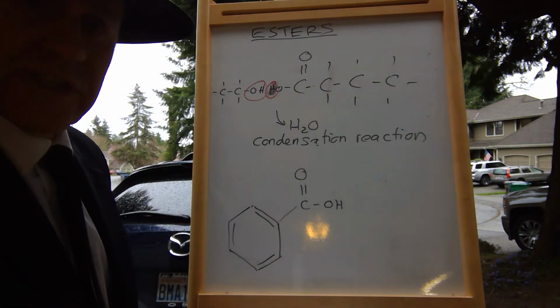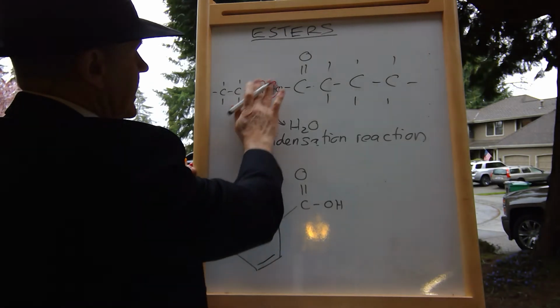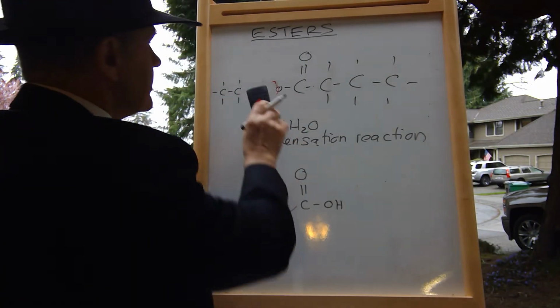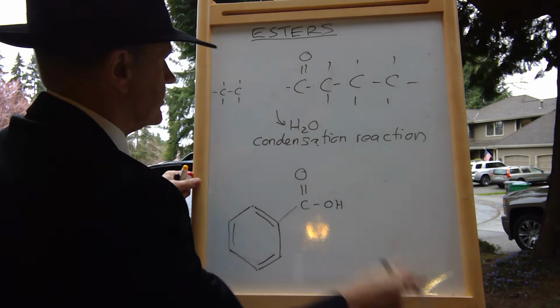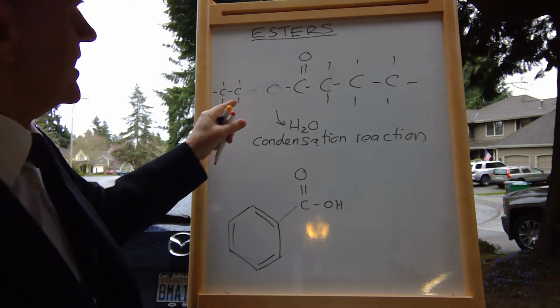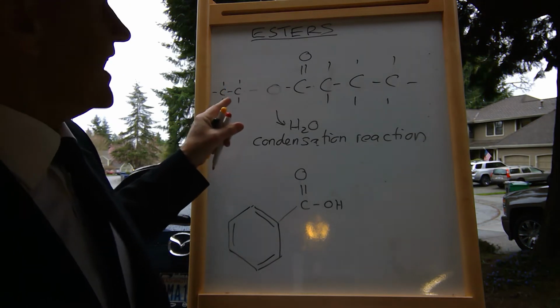And when we take that H2O away, we get just a little oxygen left, joining those two things together. And it looks something like this. And so we get an ester.